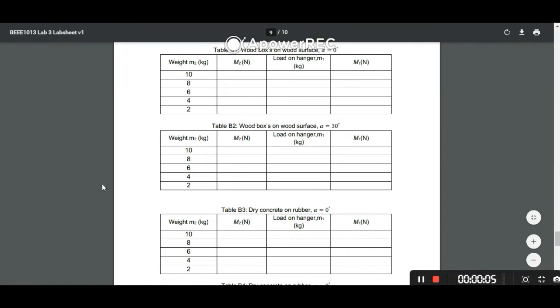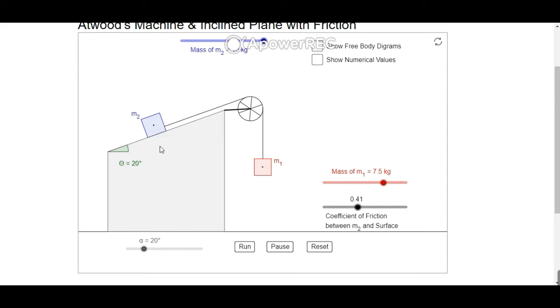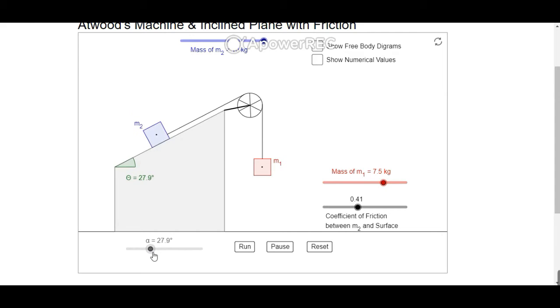I'm going to show you how to find the table 2 for part B. So first thing first, we must set up the alpha for the degree to 30 degrees.